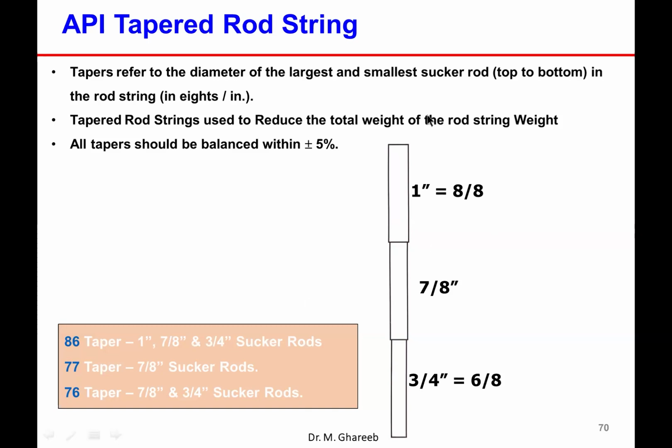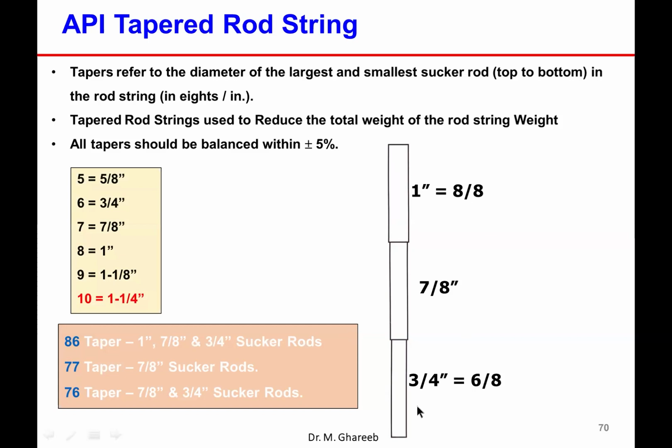There is a special design, and different software is used to design this, in order to give you a balance about what size I have to use, the length of the top one, the length of the middle, and the length of the bottom one, and so on.